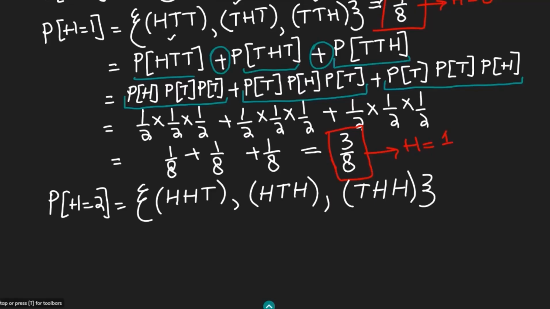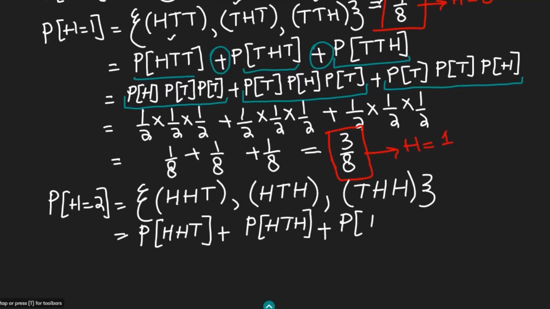Let me find out their probabilities using the same scenario we have used here. So here I will have the probability of heads, heads, tail, plus probability of heads, tail, heads, plus the probability of tail, heads, heads.